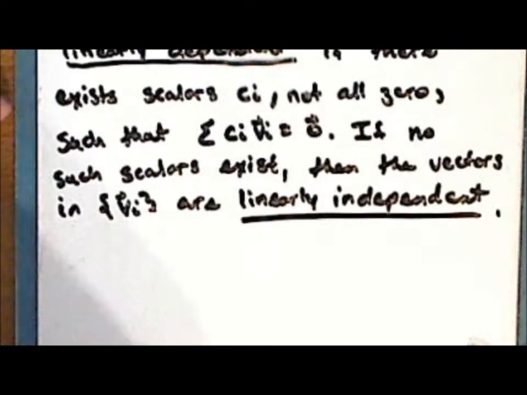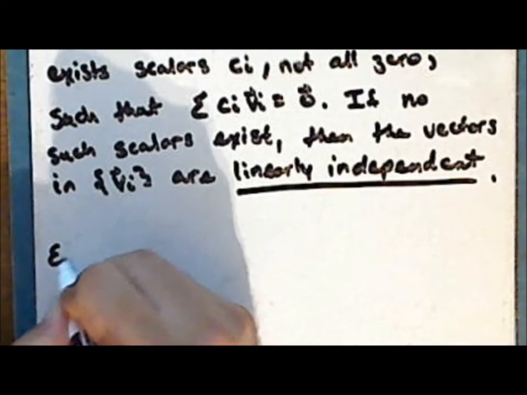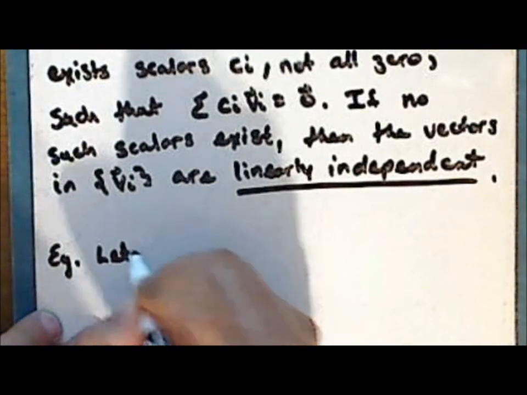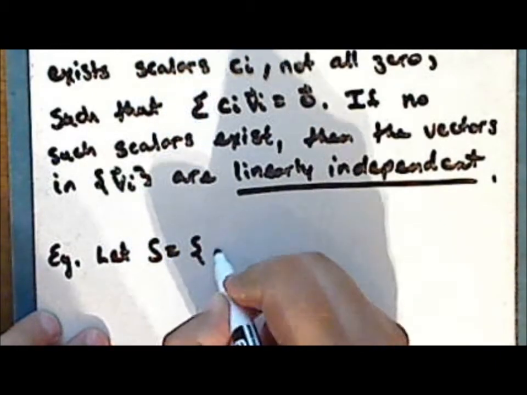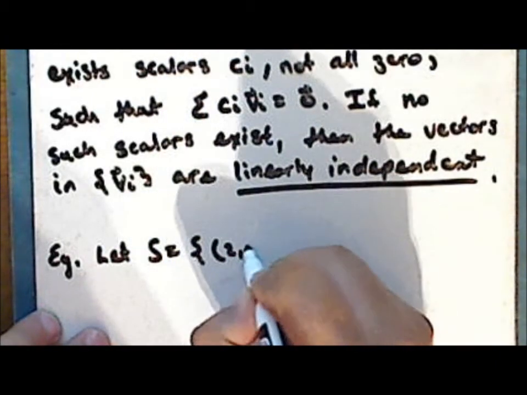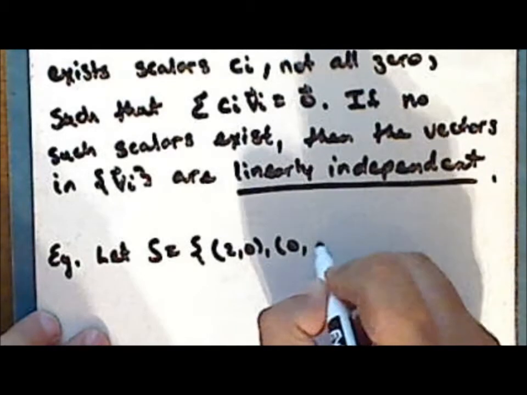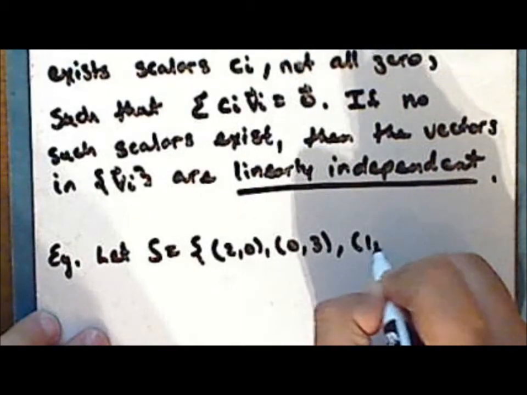All right, so we'll look at an example. Again, let the set S contain the vectors (2, 0), (0, 3), and (1, 1).